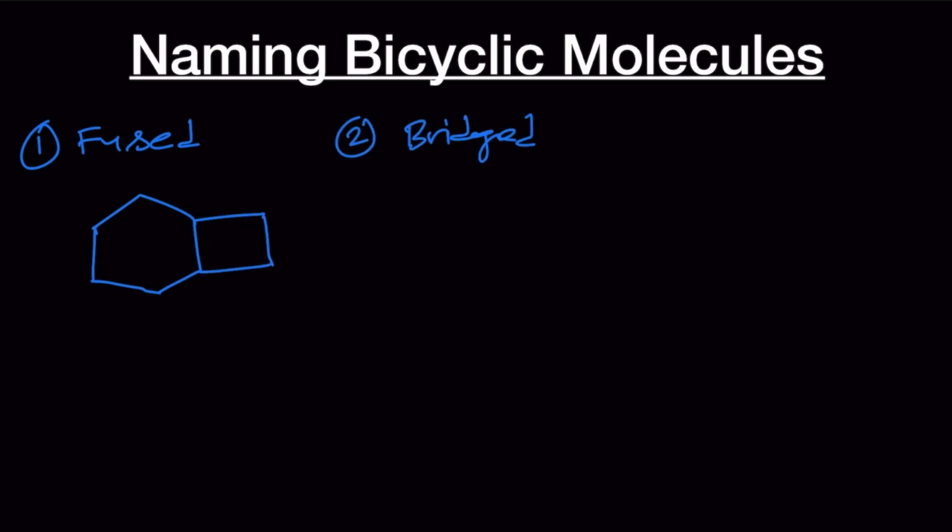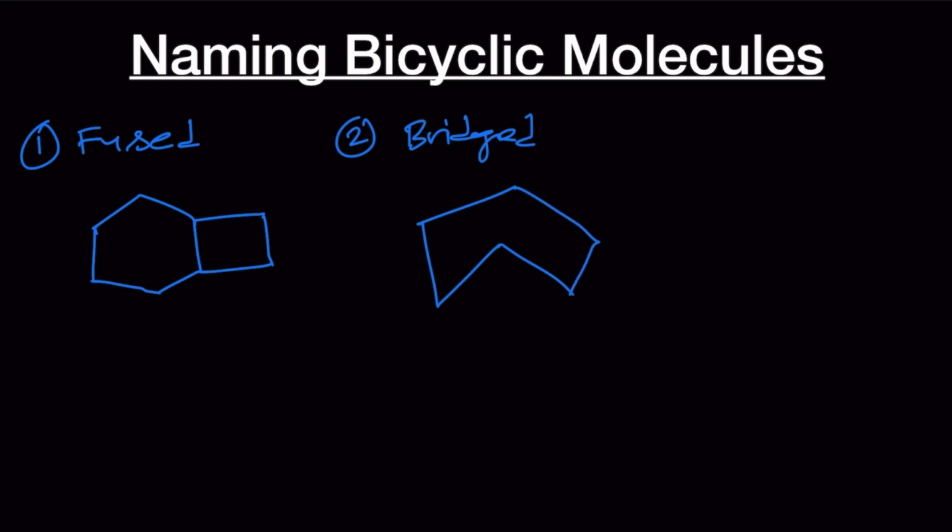Hello everyone. In this video, we are going to talk about the IUPAC nomenclature of bicyclic molecules. In general, there are three types of bicyclic molecules. One is the fused case, where two rings are fused together, and another is the bridged bicyclic compound, where the rings are not fused together.